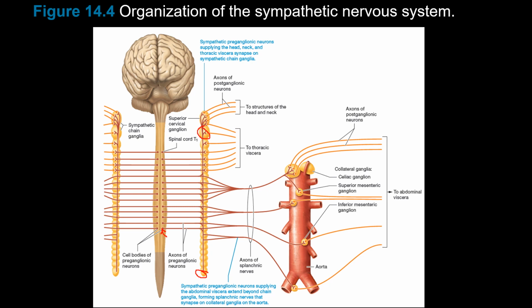You see they go up here to innervate the structures of the head and neck, and then down here they may synapse together into this aortic structure. These up here are the aortic structures. These down here are the axons of the splanchnic nerves, where they all go together and innervate the structures of the abdominopelvic cavity.